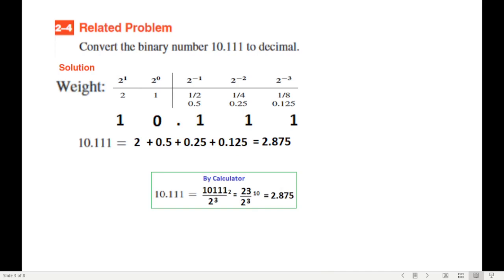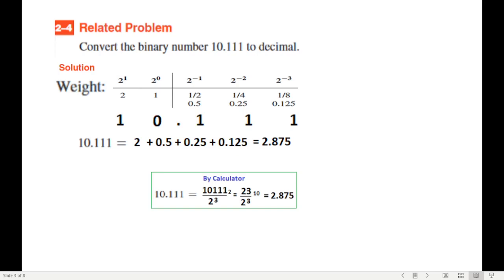10111. We first of all go to binary, 10111, and we'll find its decimal equivalent. Oh, I missed, I added an extra 0. Delete. Okay, equal, binary now equal to decimal.